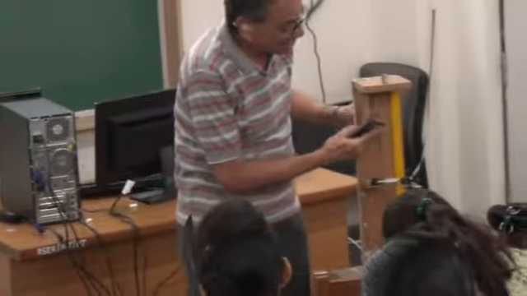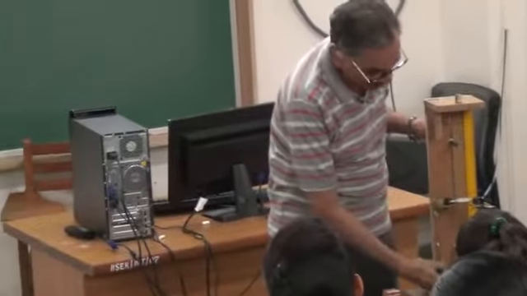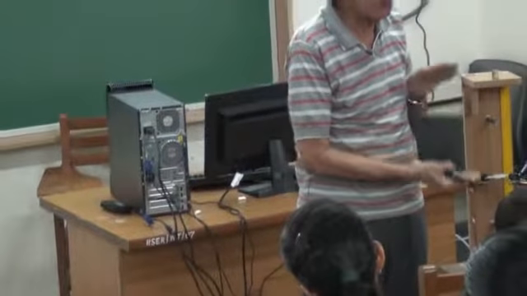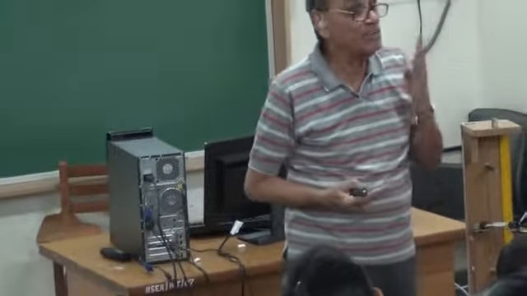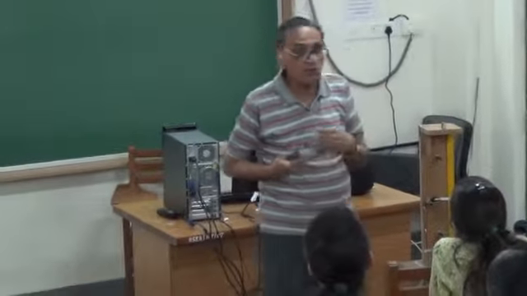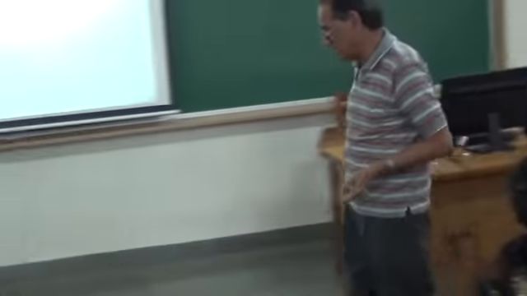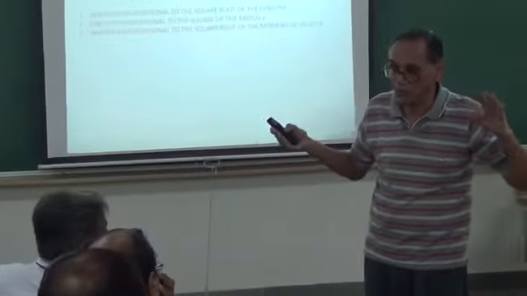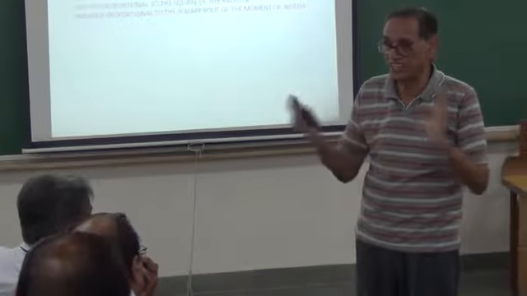You can change the length from 20 centimeters to 5 centimeters. You can move it. That means you are changing the length by a factor of 4. So the frequency will increase by a factor of 2. So you start with the frequency 20 Hz, you will end up with the frequency 40 Hz as you reduce the length.